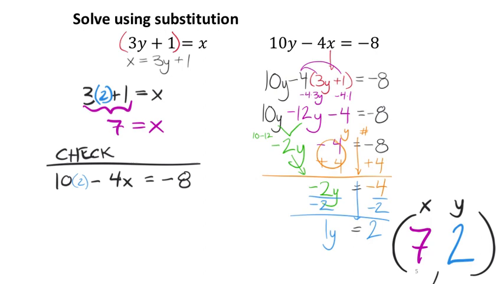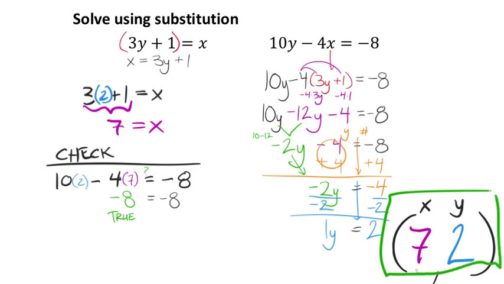So instead of showing it as an x, we're going to put in a 7. Now we don't know if this is true, so I'm going to put a question mark over my equal sign. So 10 times 2 is 20, minus 4 times 7 is 28. 20 minus 28, that would give us negative 8, which does actually equal negative 8. So since that is true, then we know we have found the solution here as 7, 2.